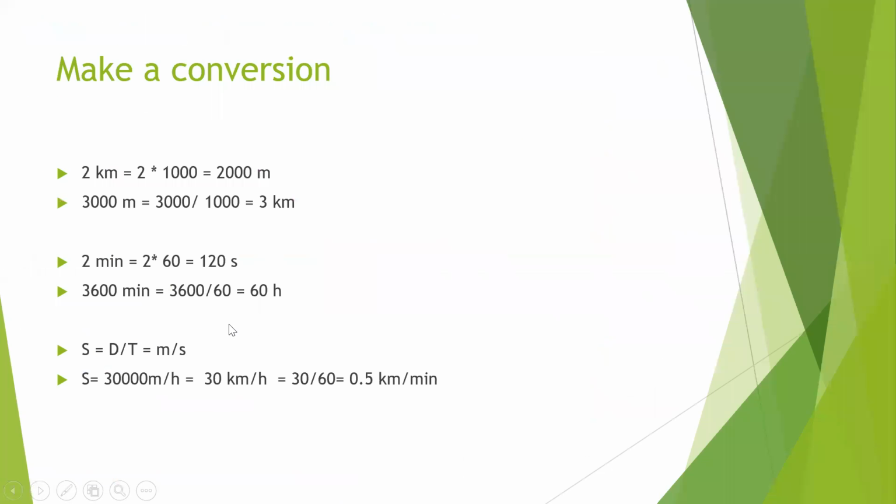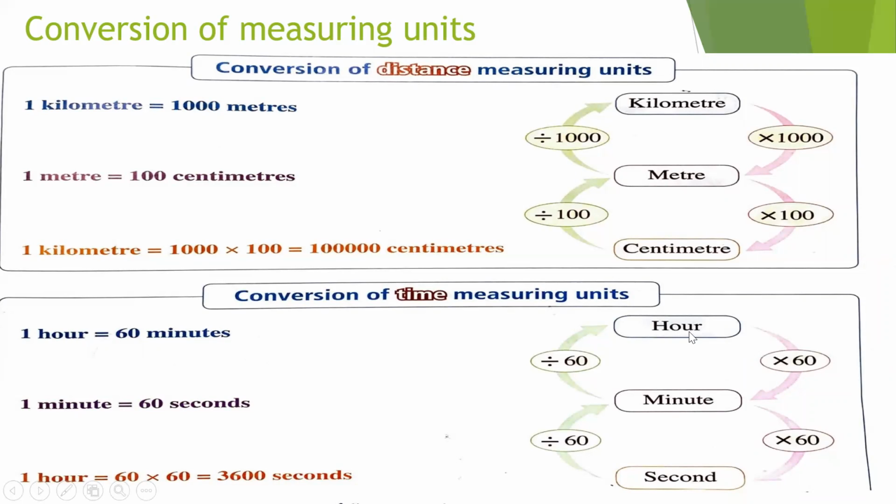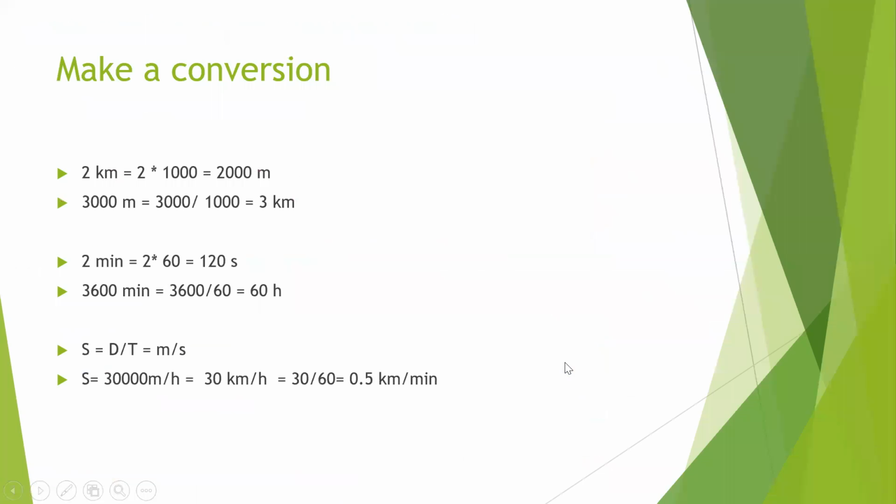So 2 minutes multiplied by 60 equals 120 seconds. If we want to make a conversion from minutes to hours, I will divide by 60, right? So 3,600 minutes divided by 60 equals 60 hours.